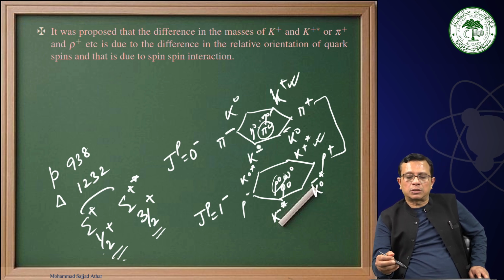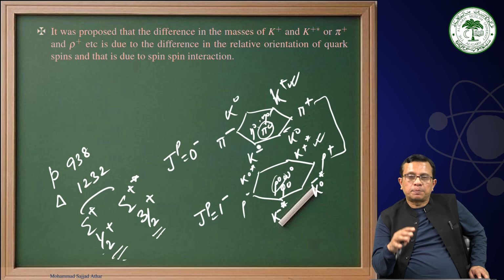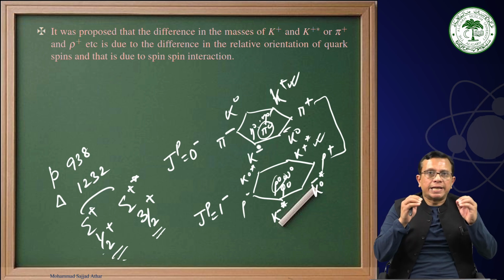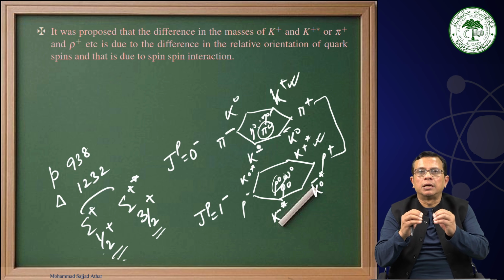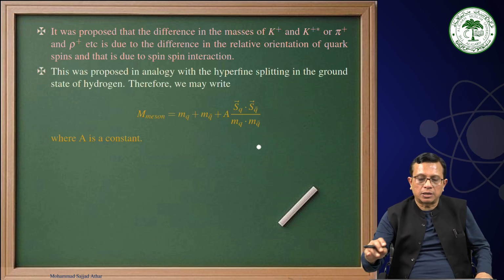Similarly, for the mesons, the one that has spin 1 has a greater mass than the spin 0 particle. And that means it is basically because of the spin-spin interaction between the two quarks. And that is what we are talking about.